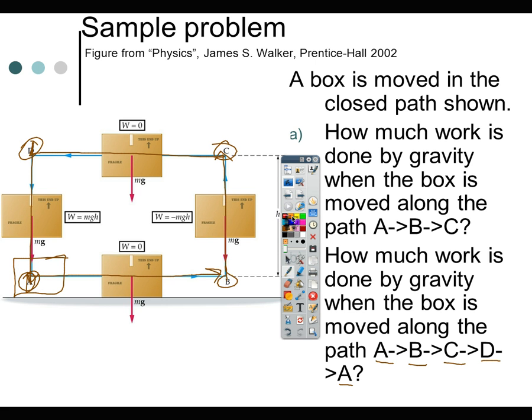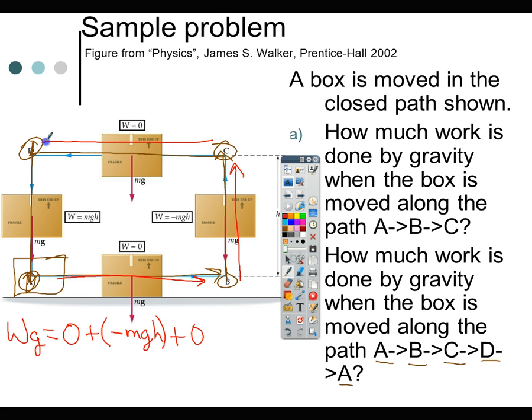So let's actually solve this. The work done by gravity should be equal to the motion of it going along the path, starting at A and going to B. So that would be 0, plus then going through the next series of steps, that would be negative mgh because you're picking the box up, plus 0 because now there's no resistance as you move from right to left, plus positive mgh because we put the box down, and notice that gravity does the work there, so it's positive.